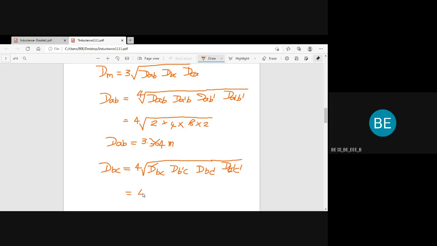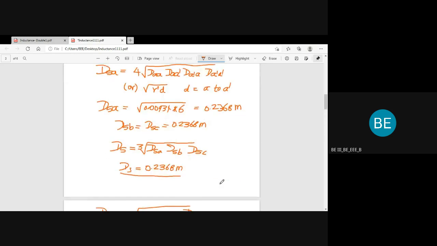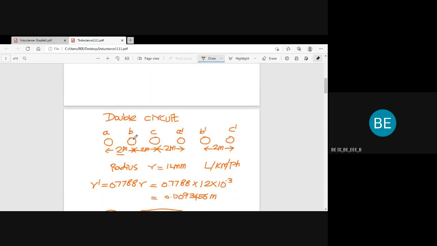So we have to find the distance between the conductors B and C. Just go to the diagram and find the distance. So B to C is 2 meter. Then B dash to C dash is 2 meter.